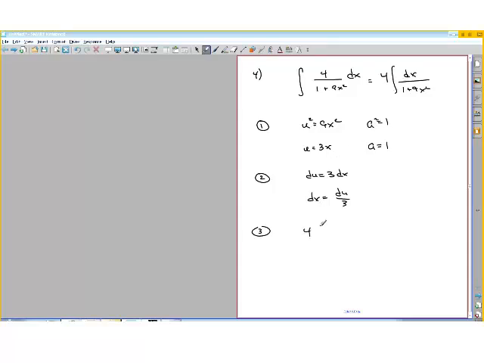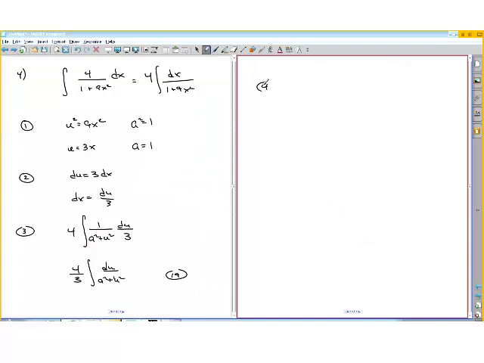So we have 4 times the integral of dx, which is du divided by 3, and then we have 1 over a squared plus u squared. A squared is 1, u squared is 9x squared. We factor out the 3 constant that's in the denominator, and that leaves us with du over a squared plus u squared, and that is exactly what we see in equation 19 on page 383.